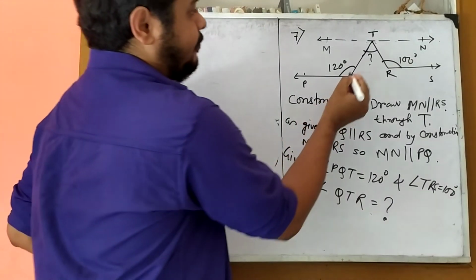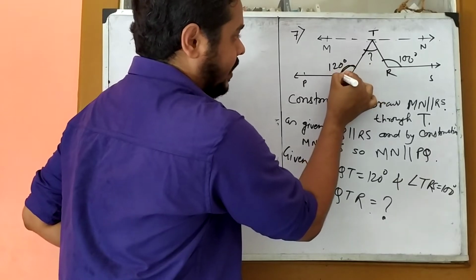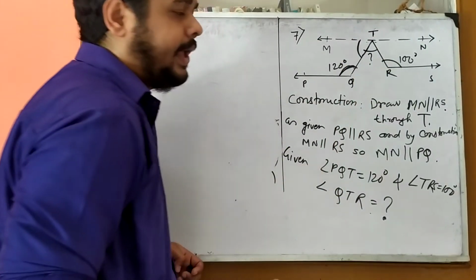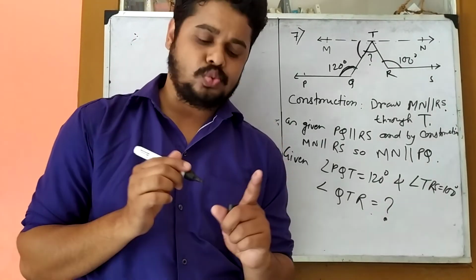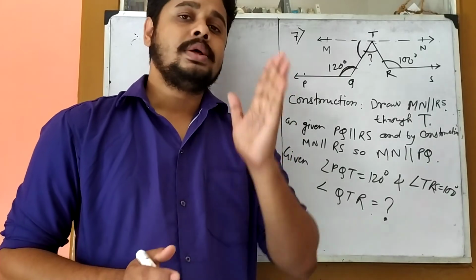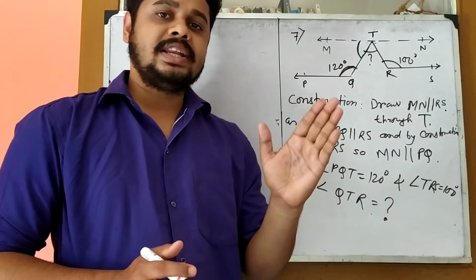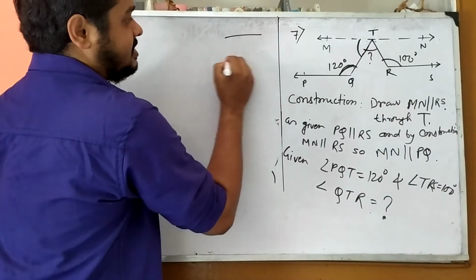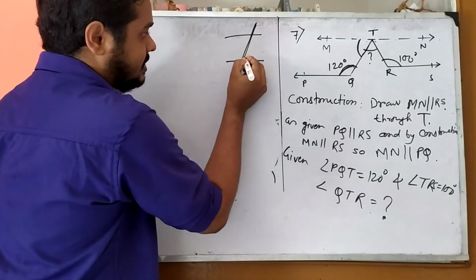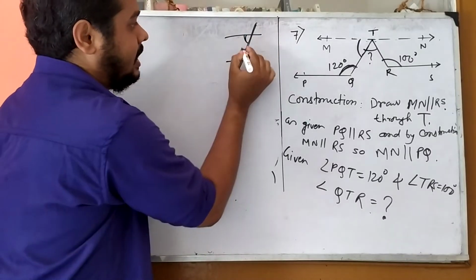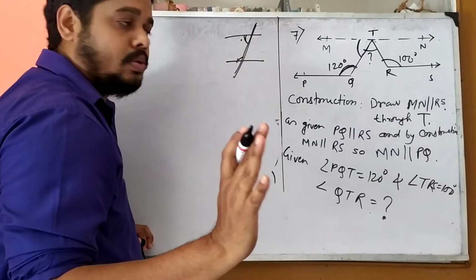Now, if this angle is 120 degrees, then automatically this angle will be 180 minus 120, that is 60 degrees. Why? We know the sum of interior angles on the same side of the transversal, if this is the transversal, the sum of these two angles is 180 degrees.